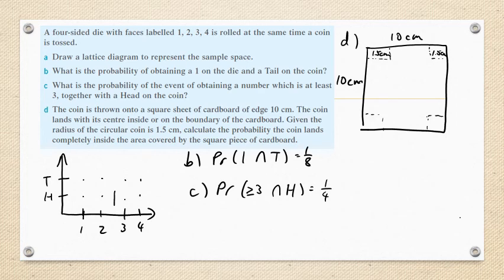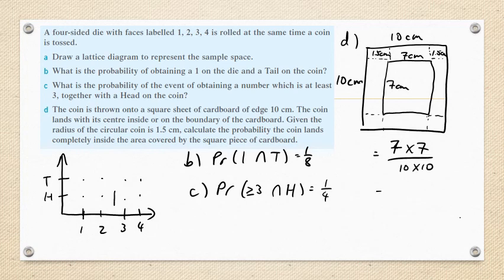Which means we can only get this square area inside of here, 7 by 7. So we have an area 7 by 7 out of 10 by 10. So that's 49 out of 100.